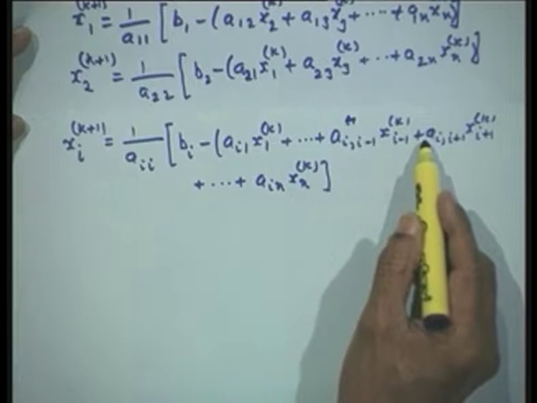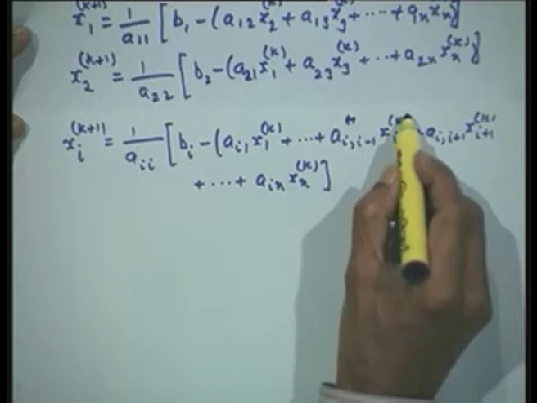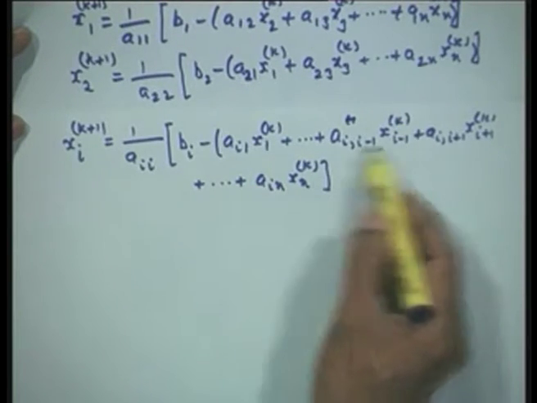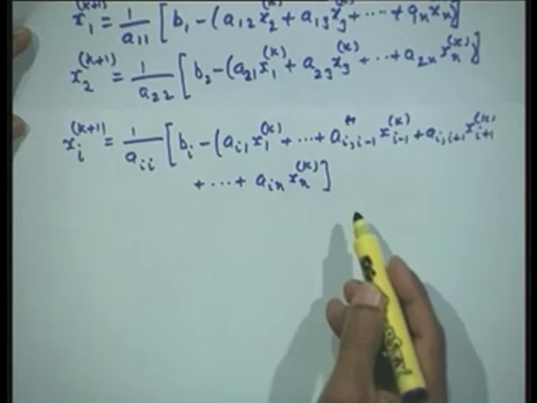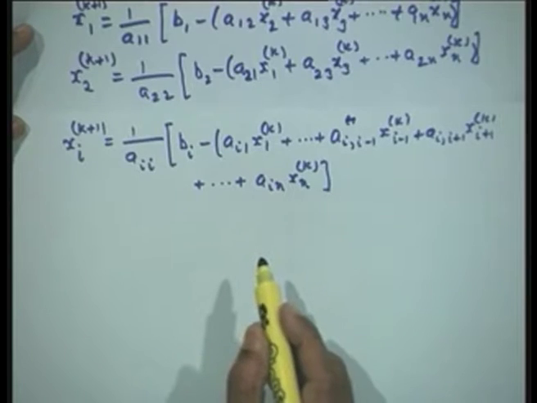So, the aii term is missed here, and we have all the other variables, those on the left of xi and those on the right of xi, brought to the right hand side and written in this particular form.